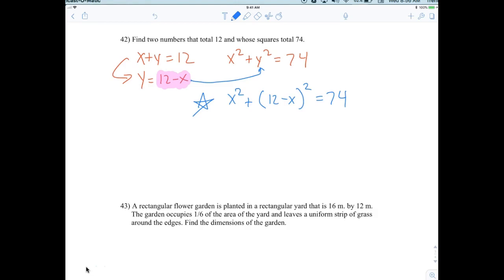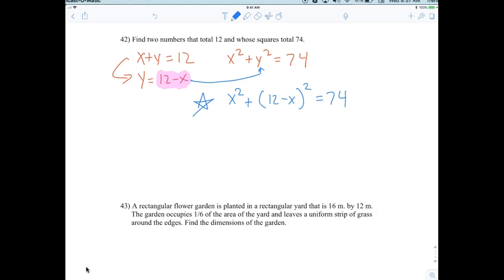I just don't know why. Wait, why do you replace it with 12 minus x? Well, because in a system of equations, if you remember back to first semester when we did systems of equations, there was this thing called a substitution property. When there's multiple variables, you have to eliminate a variable. In order to eliminate a variable, I have to replace one with the other.